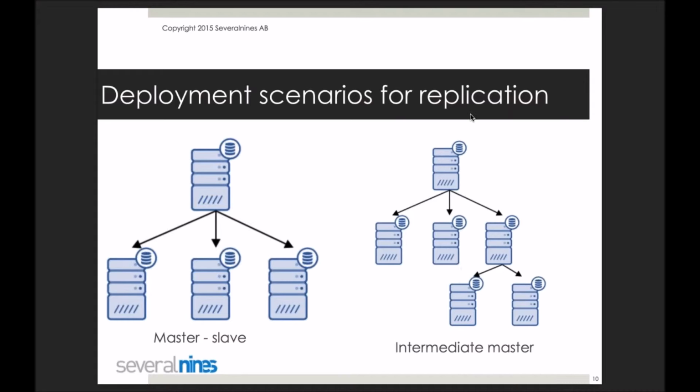Intermediate master, as I said, we have a master, a couple of slaves, and one of those slaves is acting as a master to another set of slaves. And again, it can be located in one single data center, but it can be located in, for example, two data centers: master and two slaves in one DC, intermediate master and another two slaves in another DC.